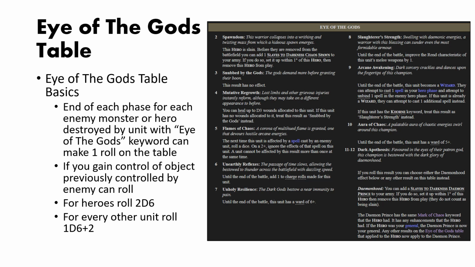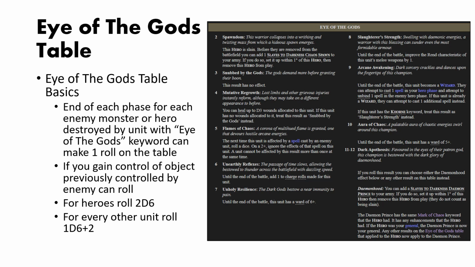Now, I'm going to briefly go over the various buffs you can get. If you'd like to pause and read through it, it is on screen now. The first two so-called buffs are more like debuffs. If you roll a 2 or a 3, you get some negative effects. On a 2, your hero is slain and you get a chaos spawn.